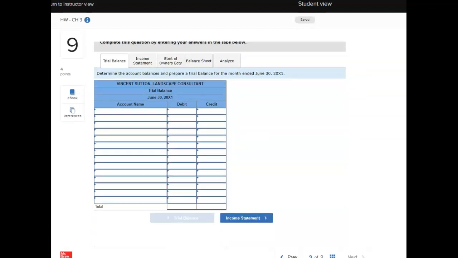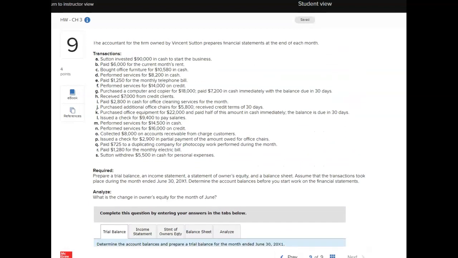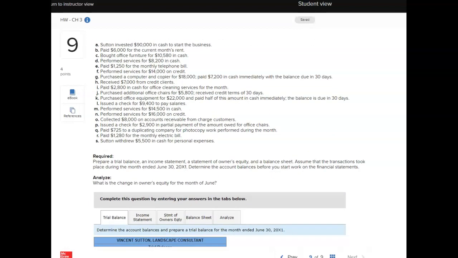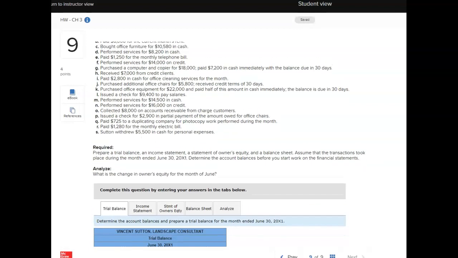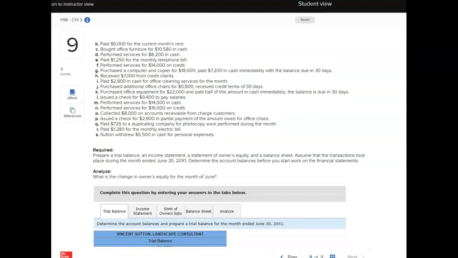When you're in problem number 9, you won't be able to see the T accounts you prepared in problem 8. So I suggest that while your completed problem 8 is open, write down the account titles and debit or credit balances on a piece of scratch paper so you can easily prepare your trial balance in problem 9.